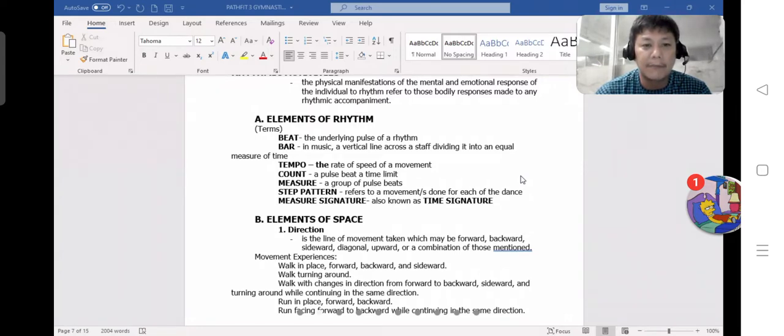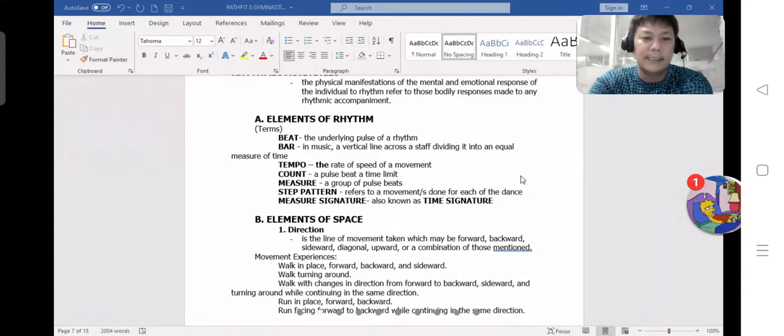So every time that the chorus enters, when the background music chorus enters already, immediately she will go back to her chorus routine or figures. Okay, so there is a constant repetition of the figures.